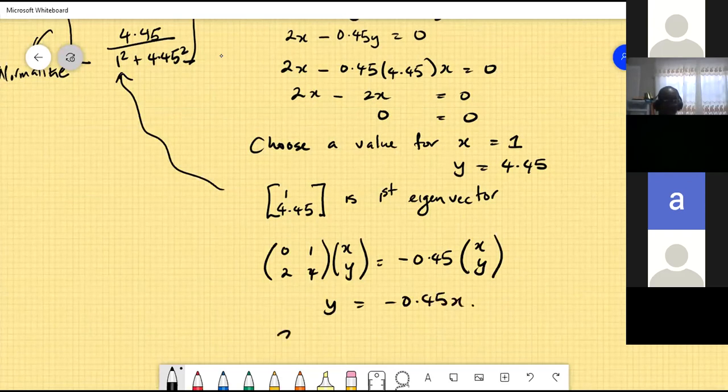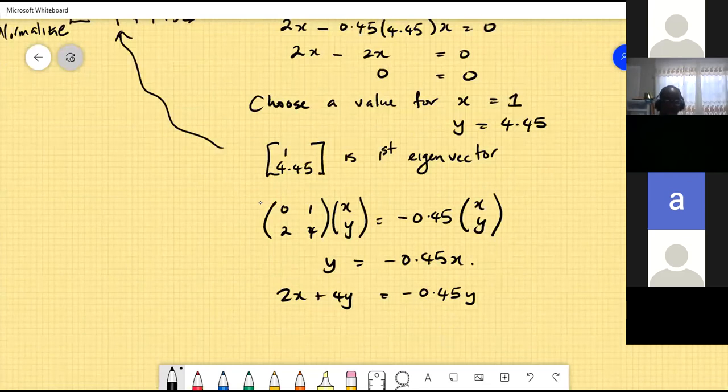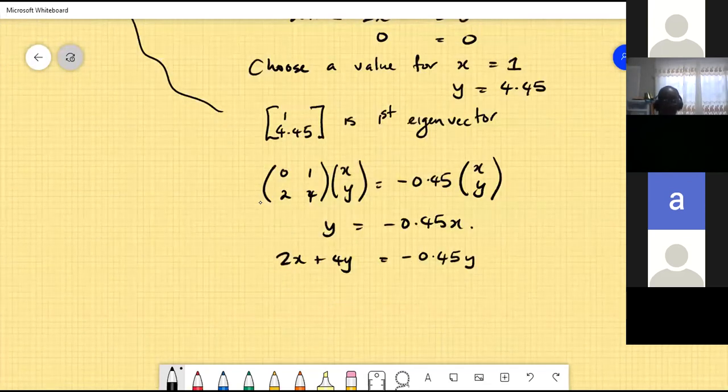I'm going to end up with 2x plus 4y equal negative 0.45y. So we're going to carry this negative 0.45. So this is going to give us 2x plus 4.45y equals 0.